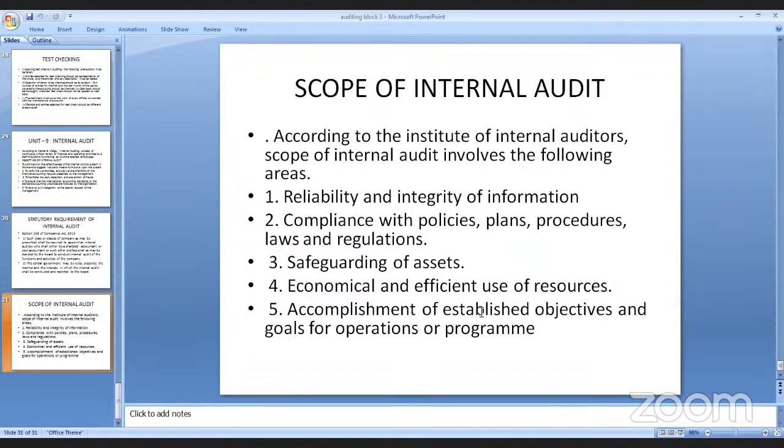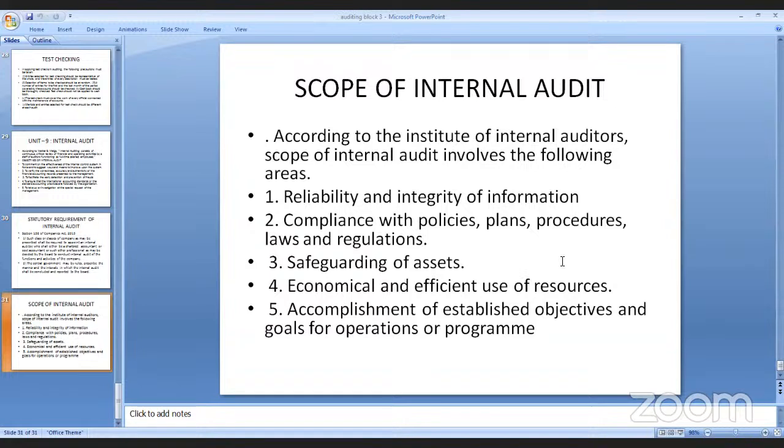Here, reliability and integrity: to maintain the reliability. For example, if the data is in one form, in the same form it must be understood by the members. So that we call it reliable. And integrity: if they have not changed anything, then that is known as reliability and integrity in the information. Generally, when information passes from one person to another, it becomes a grapevine.